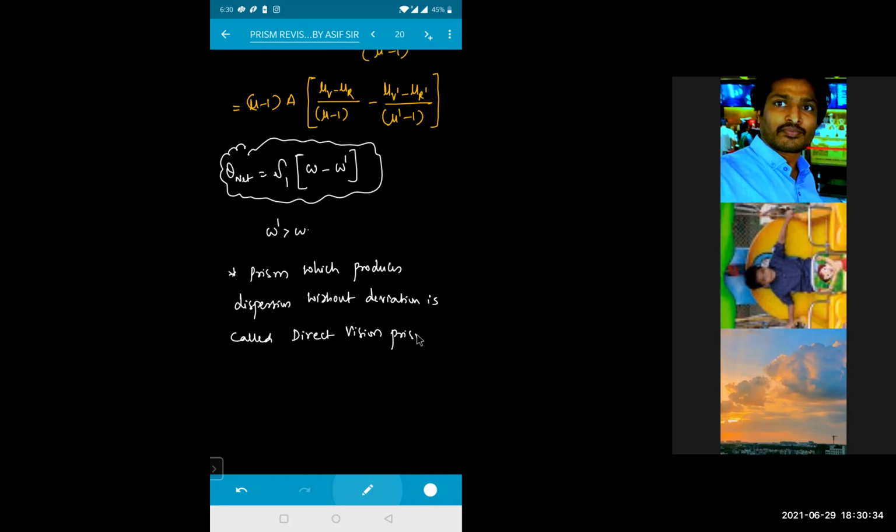This is about your direct vision prism. Clear? Any doubt in this one?